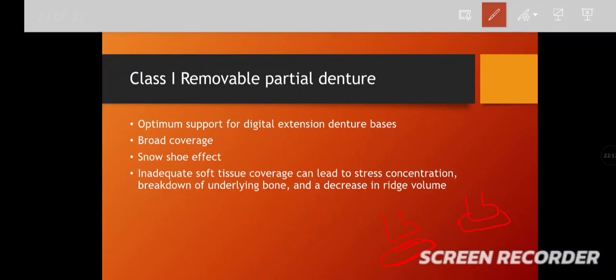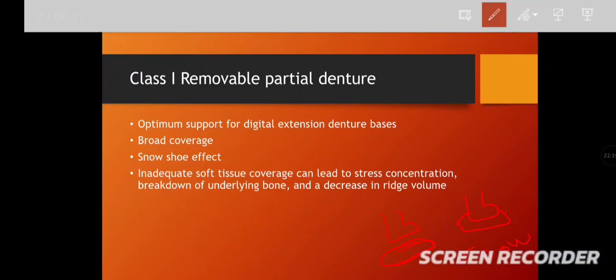The same phenomenon should be applied over here, that is you should cover as much ridge as possible, you need to take the impression which will record more space, that is more stress bearing tissue.